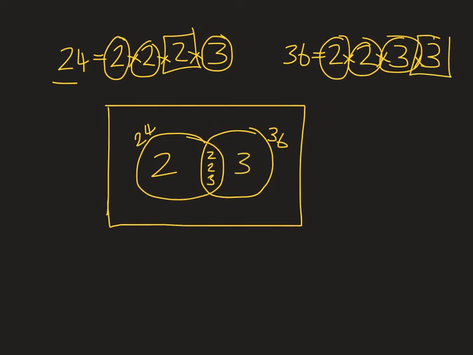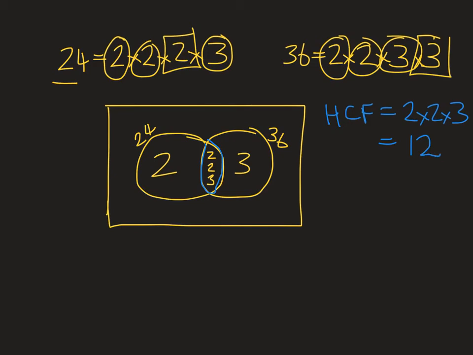And if you remember, to find the highest common factor, remember what that means. The highest common factor is the highest number that fits into both of them exactly. Well, we get that from the intersection. So the highest common factor would be 2 times 2 times 3, which would be 12.